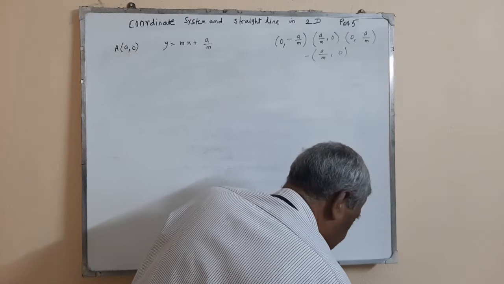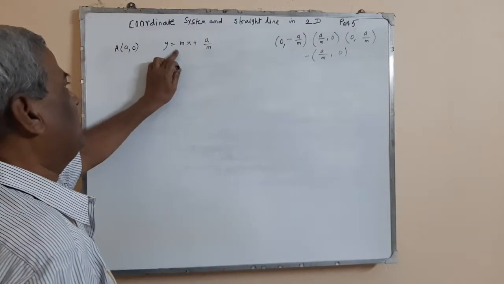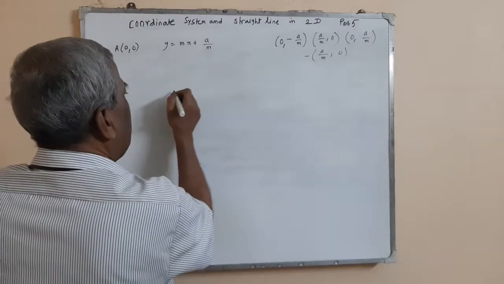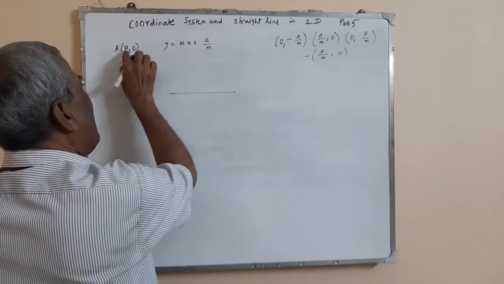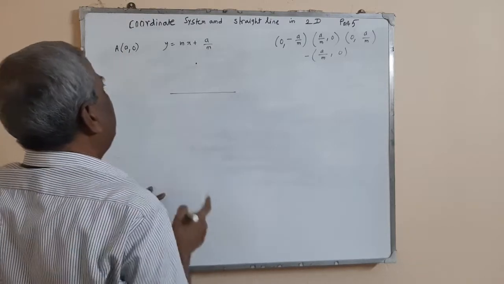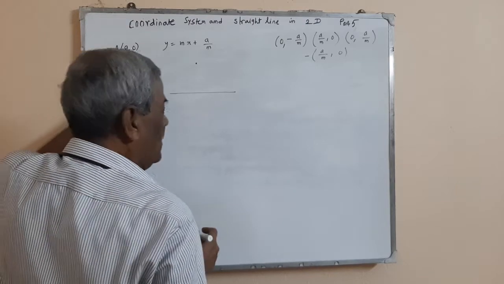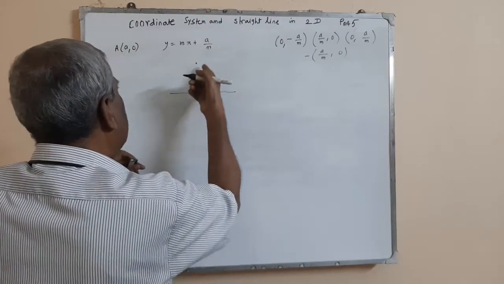This problem is very straightforward. This is a straight line. Suppose this straight line is this, and (a, 0) is a point, obviously above this, say.